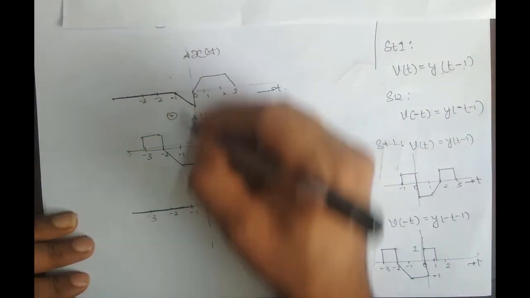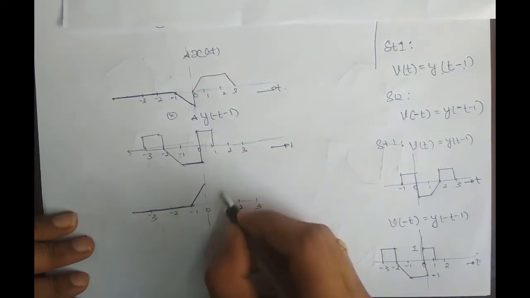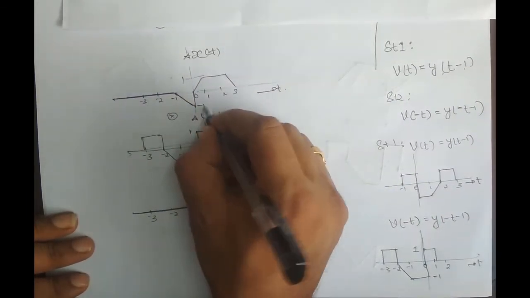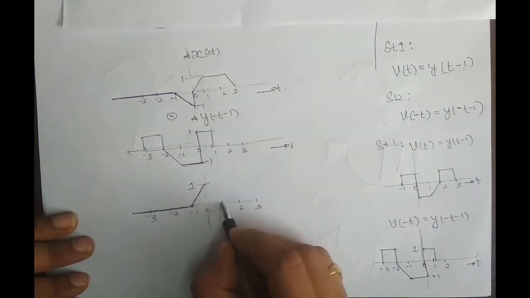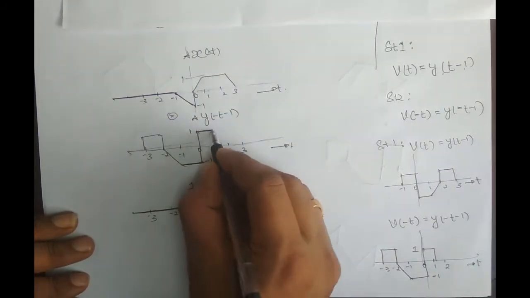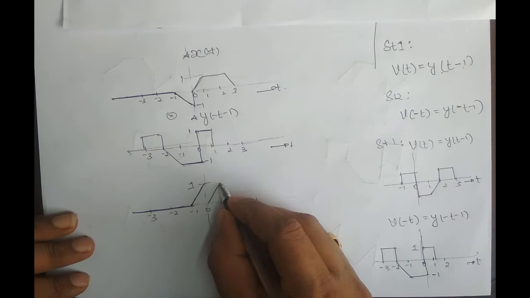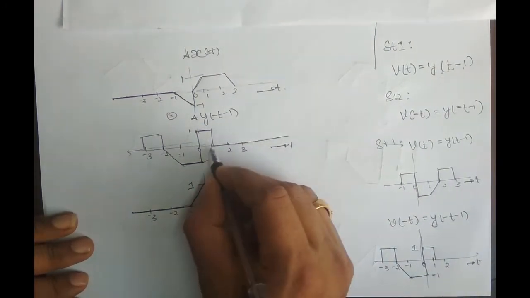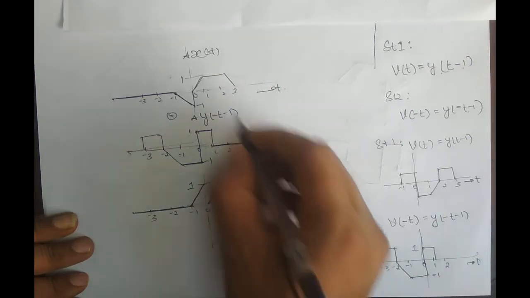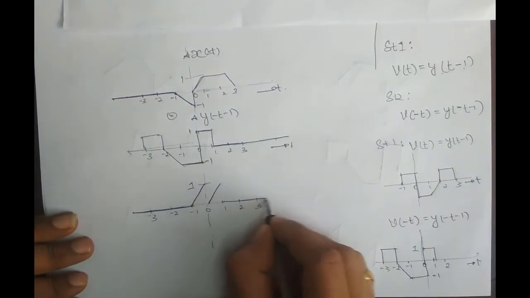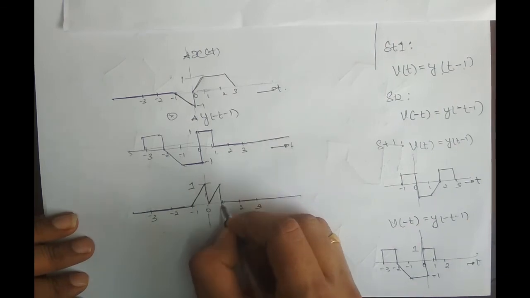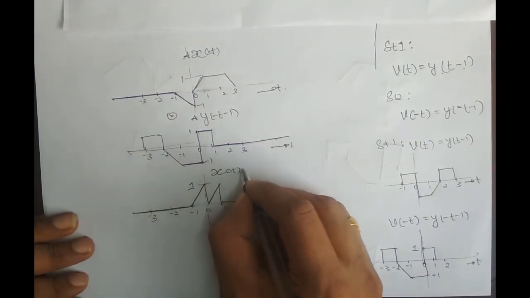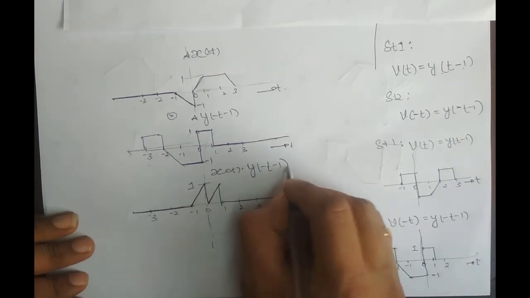So minus 1 times negative slope goes to positive, like this. So this is 1 and this is minus 1. For t varying from 0 to 1, 1 times positive slope is positive slope, like this. Now for t varying from 1 to infinity, the amplitude of this signal is completely 0. So 0 multiplied by any signal is 0. So if I join this, this is how the signal x of t into y of minus t minus 1 looks like.